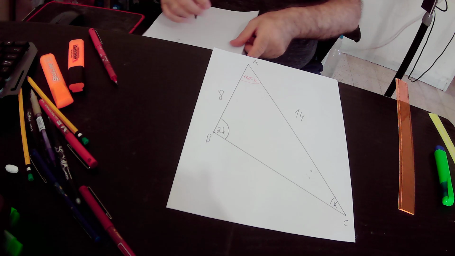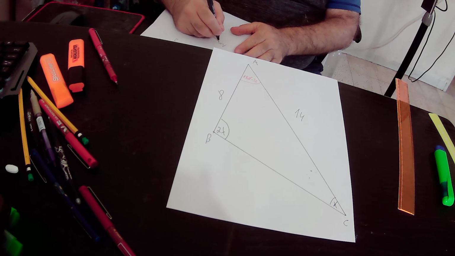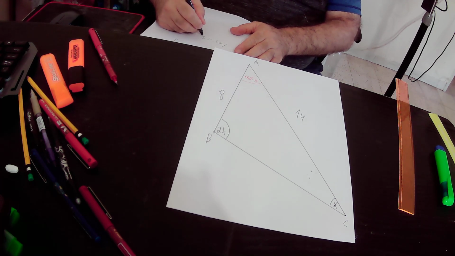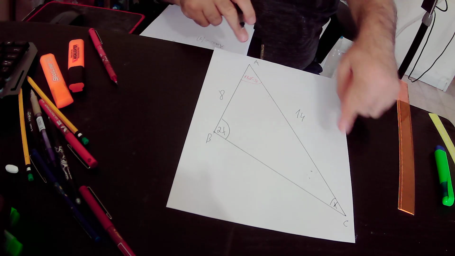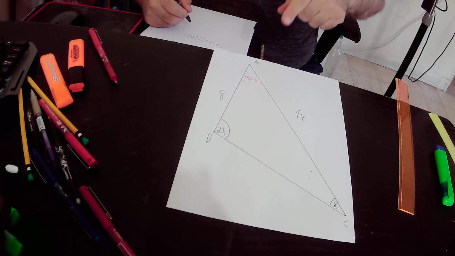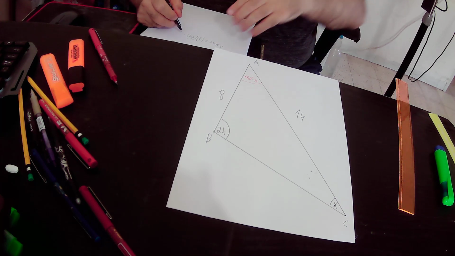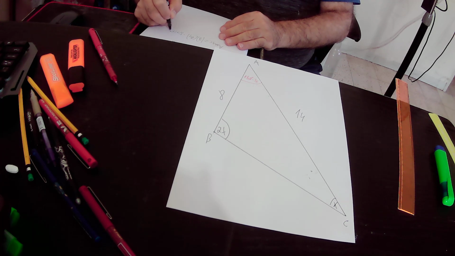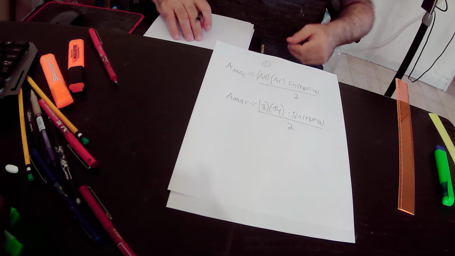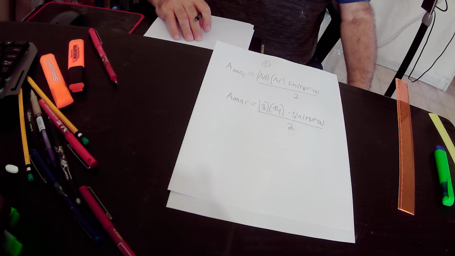But what is the value of AB? The value of AB is 8 units. The value of AC is 14 units. And we have also sine of 180 degrees minus 3x, all divided by 2. Okay, so the area of triangle ABC equals 8 times 14 times sine 180 degrees minus 3x over 2.